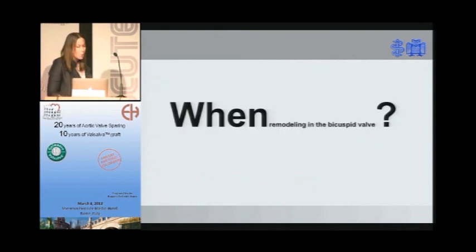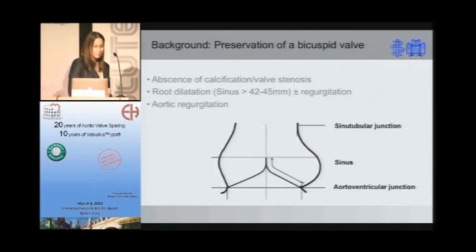So, when do we do remodeling in a bicuspid aortic valve? In general, we preserve every bicuspid aortic valve in the absence of calcification or valve stenosis.